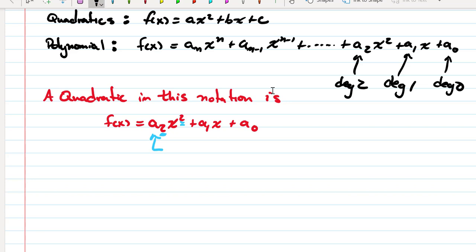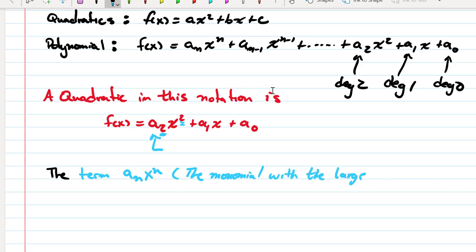So the next thing we want to take note of is the term a sub n x to the n, the monomial with the largest degree, is called the leading term.